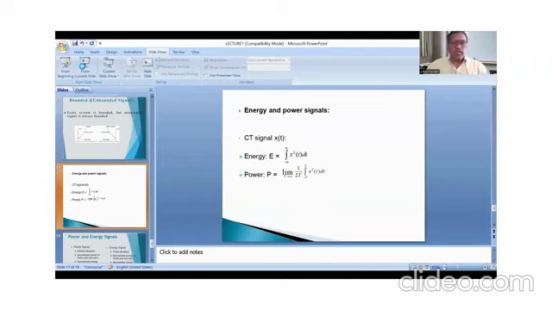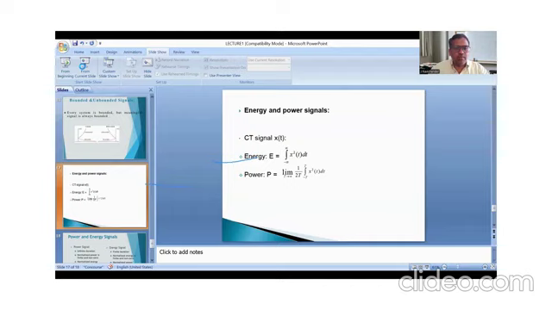The energy of a signal can be defined as E equals integration from minus infinity to plus infinity of x square of t dt. That is defined as an energy signal, as well as a power signal.